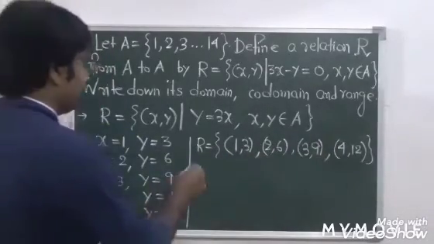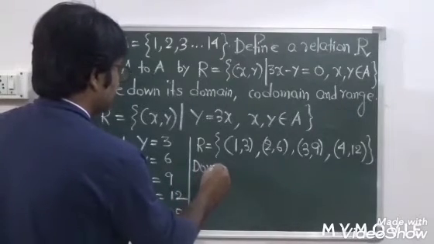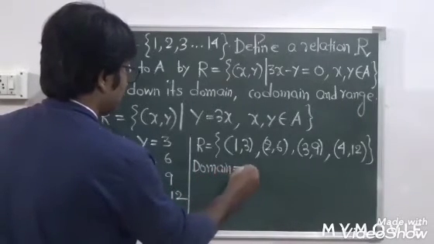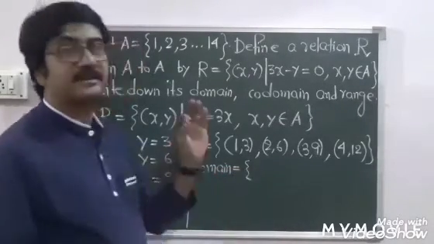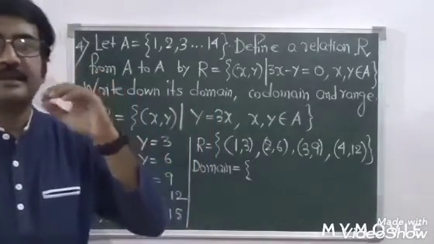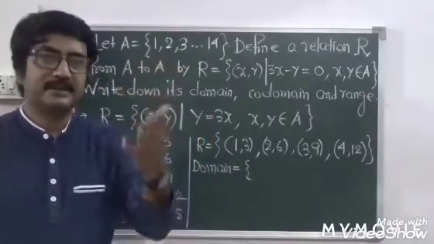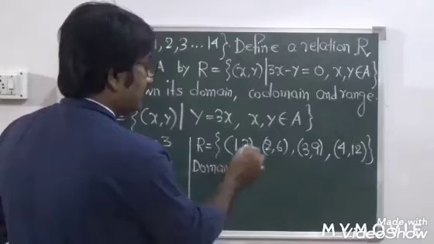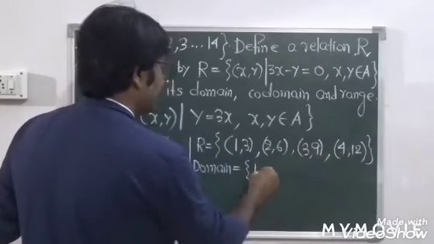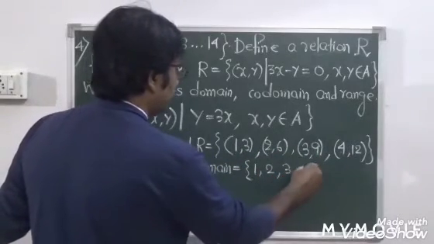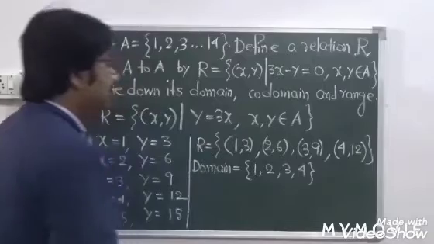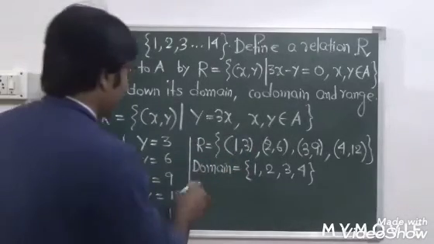We need to find the domain. Domain is the set of all the first elements in the ordered pairs of the relation. So we have 1, 2, 3, 4. 1, 2, 3, 4 are the elements of the domain.